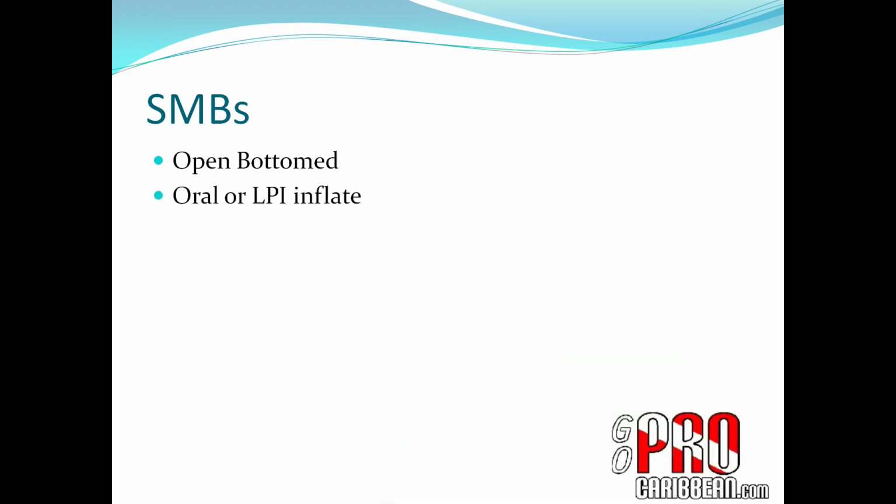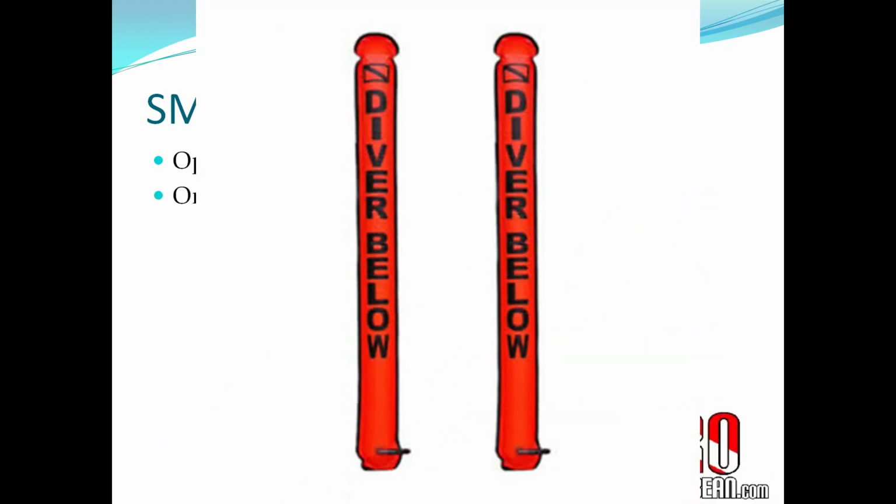My preferred type of standard SMB is the oral or LPI style SMB. With this one, you inflate it either orally or using an LPI. Some of them give you the option of either. Some of them don't have the little LPI attachment on the end, and it has to be done orally.